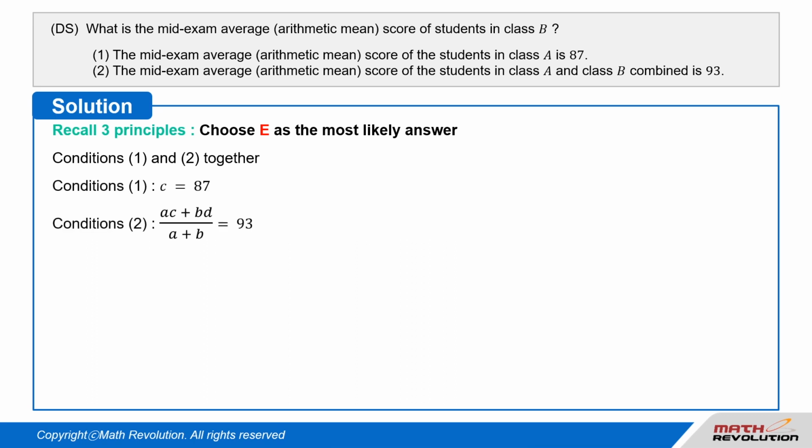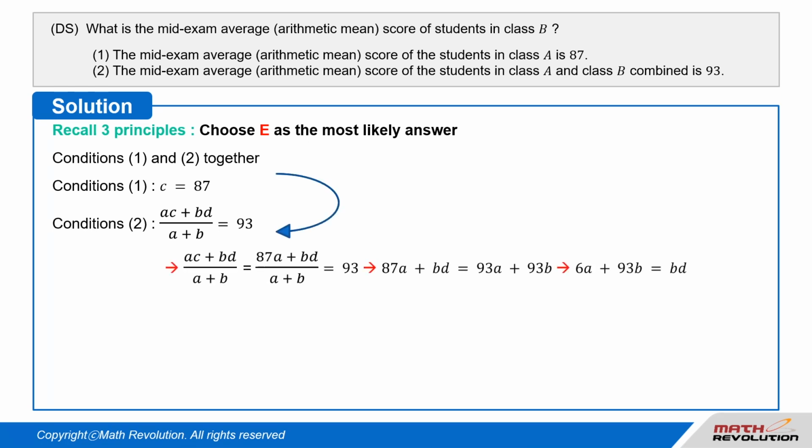Conditions 1 and 2 tell us that C equals 87, and (A times C plus B times D) over (A plus B) equals 93. Substituting C equals 87, we get (87 times A plus B times D) over (A plus B) equals 93.